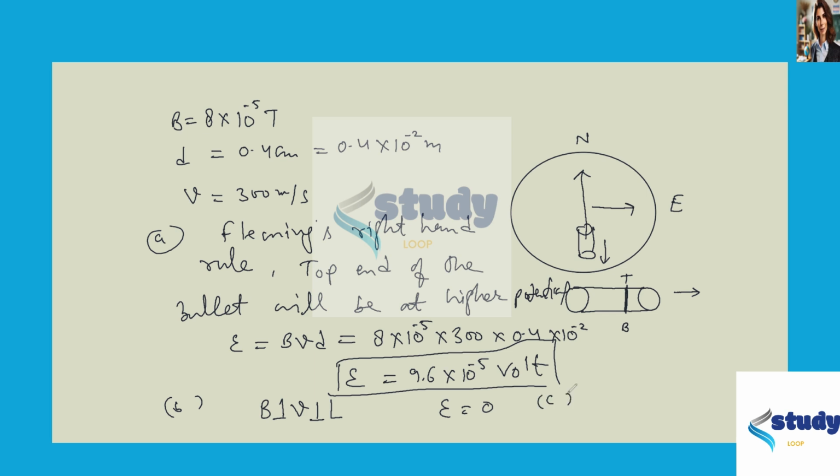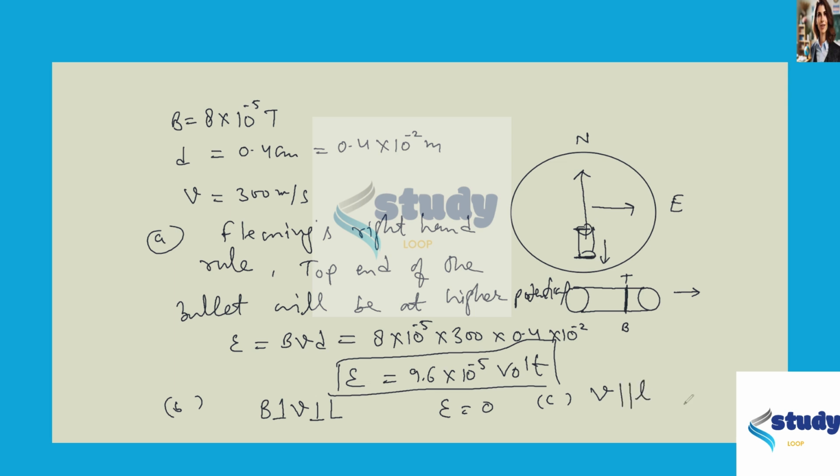And in the third part of the problem, they are asking for the EMF induced between the front and the back of the bullet, meaning we have to check whether there will be any EMF induced between the front and back of the bullet. In this case, the velocity vector of the bullet will become parallel to its length.